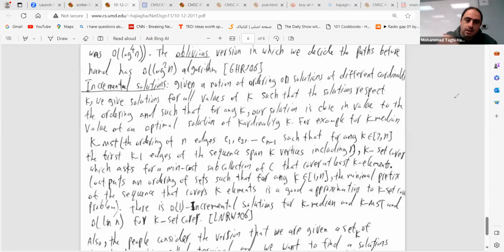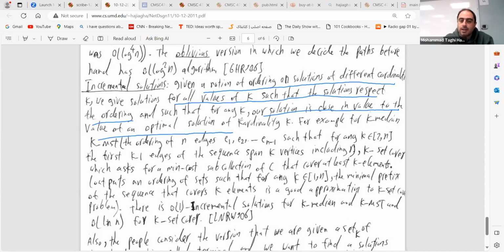The incremental solution is that you want to order the solutions for different cardinality k, for a parameter k that we will talk about, such that for all values of k the solution respects the ordering, and for any k the solution is close in value to the value of an optimum solution for that cardinality k.